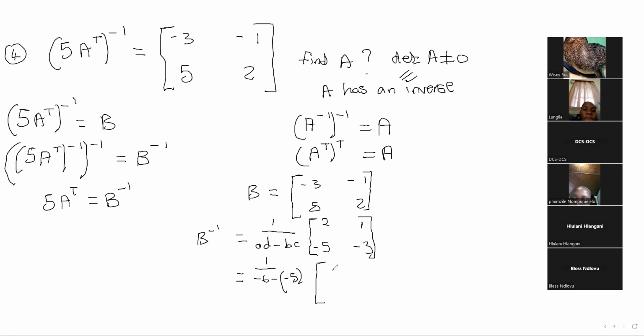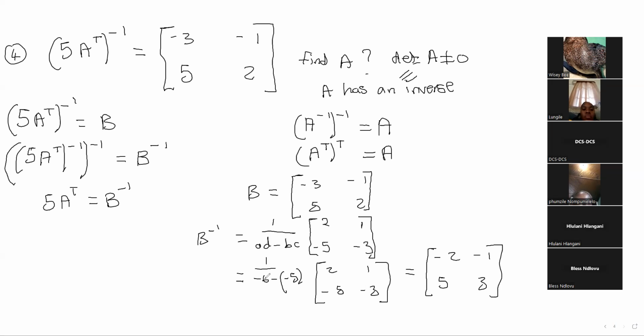So, negative 6 plus 5, which is minus 1. And then we just repeat the minus. The answer will be minus 2, minus 1, 5, 3.